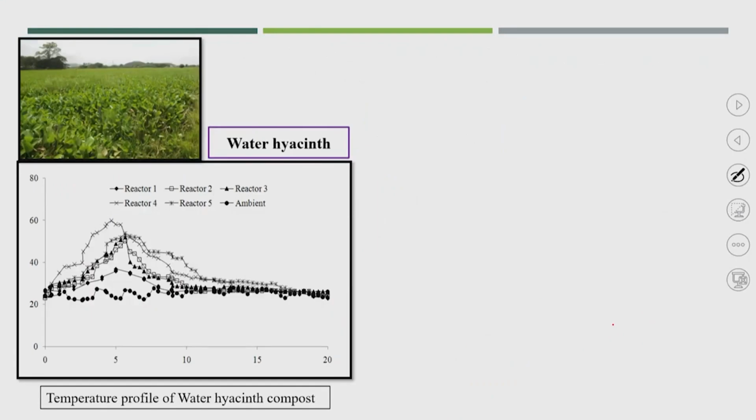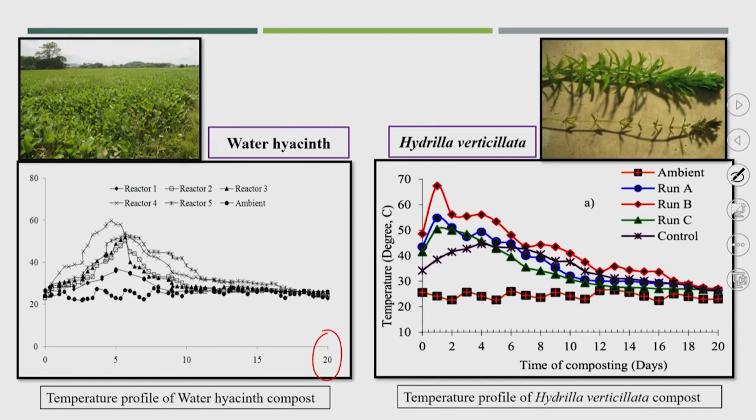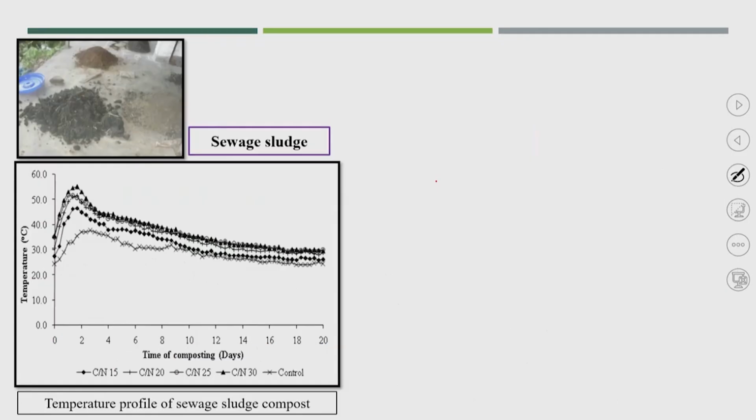In each trial the degradation period is a maximum of 20 days. Here is Hydrilla verticillata, another kind of weed. In the pond you can see water hyacinth on top of the water, and under the water you find this kind of weed. There also the temperature reaches up to 70 degree centigrade.